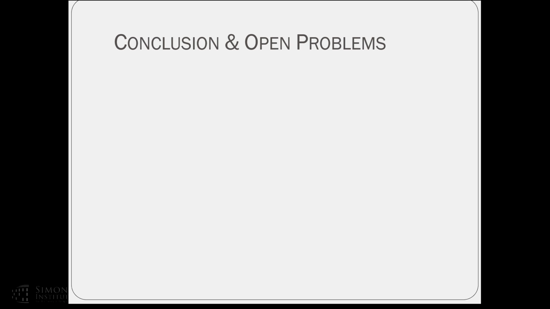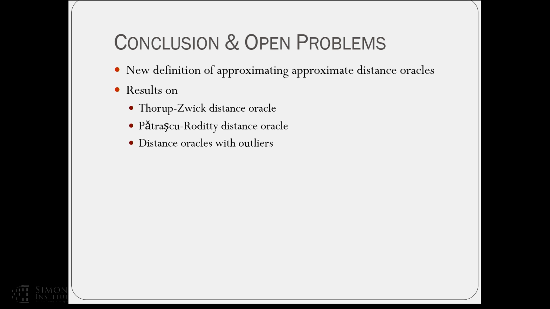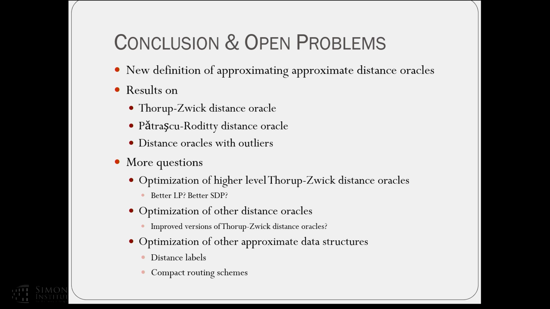Okay. So now let us make a conclusion. In this paper, we introduced the definition of approximating approximate distance oracles and provide some results on throughput distance oracle, probability distance oracle, and distance oracles with outliers. There are still some open problems, like how to optimize higher level throughput distance oracles.